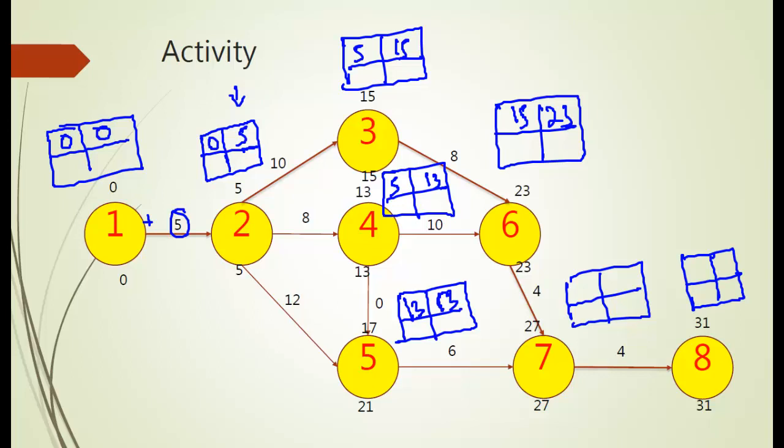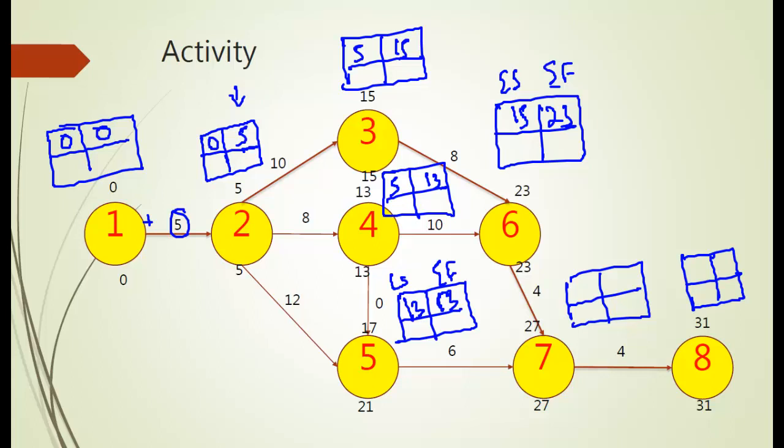Now when I go to 7, I have calculated 6. 7 comes from two nodes, either 5 or 6. Whichever has the greater early finish time, because this is the early start and this is the early finish. For 6 the early finish is 23, for 5 it is 13. So which one is greater? 6.